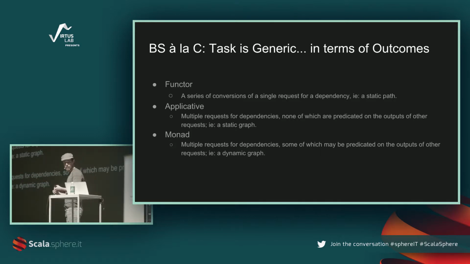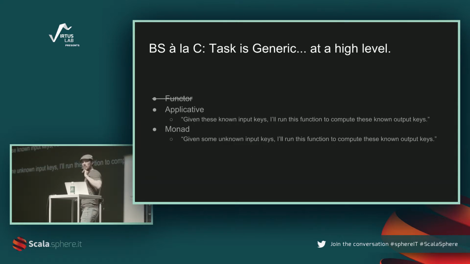In a monadic system, you can make multiple requests for dependencies, and you can inspect the previous outputs of requests you've made to decide which additional requests to make. And that results in a dynamic graph. Okay, cool. So functor, as I said, not super useful. But with an applicative, you can think of this as, given these known input keys, I'll run this function to compute these known output keys for this known.